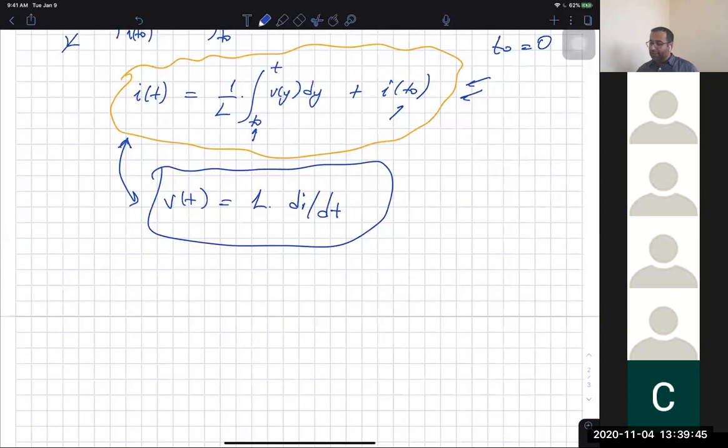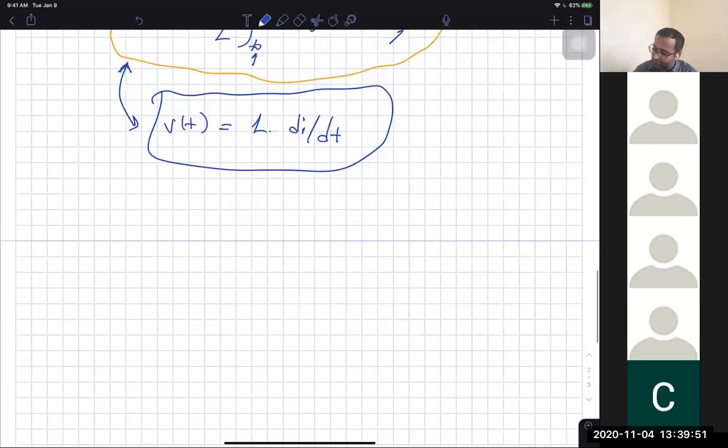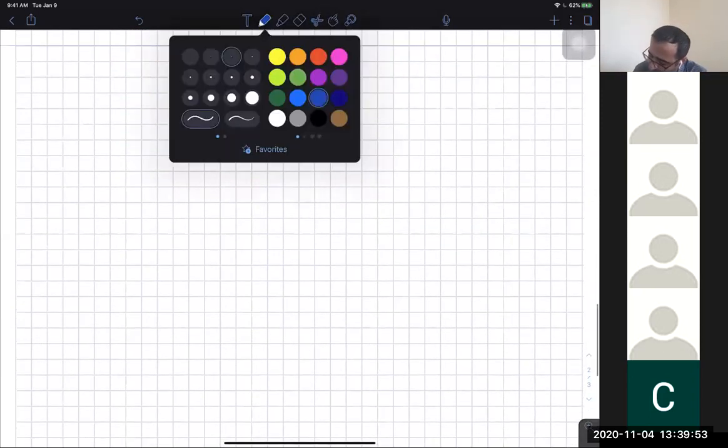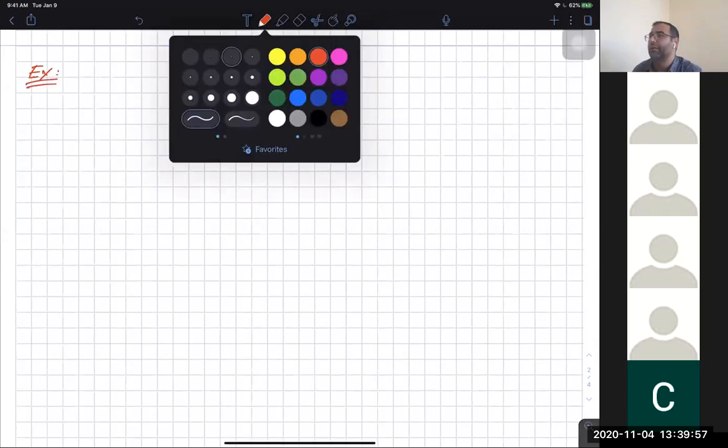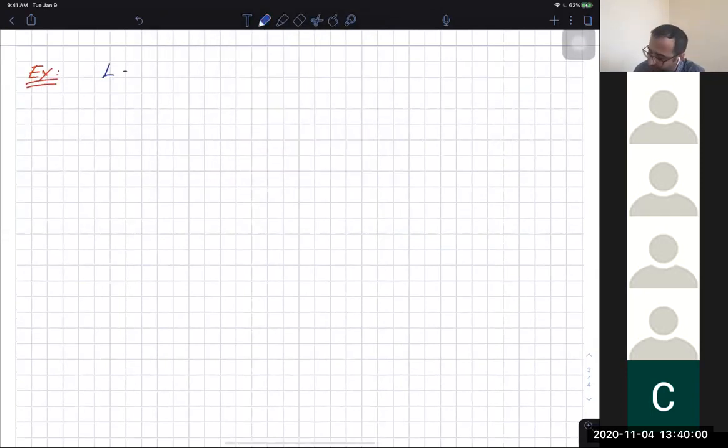Okay, so let's use these two equations on an example so that we can have some practice. I will be writing an example here. Let's say L is 2 Henries, again, remember the unit. And V(t) is 6 times cosine 5t volts.